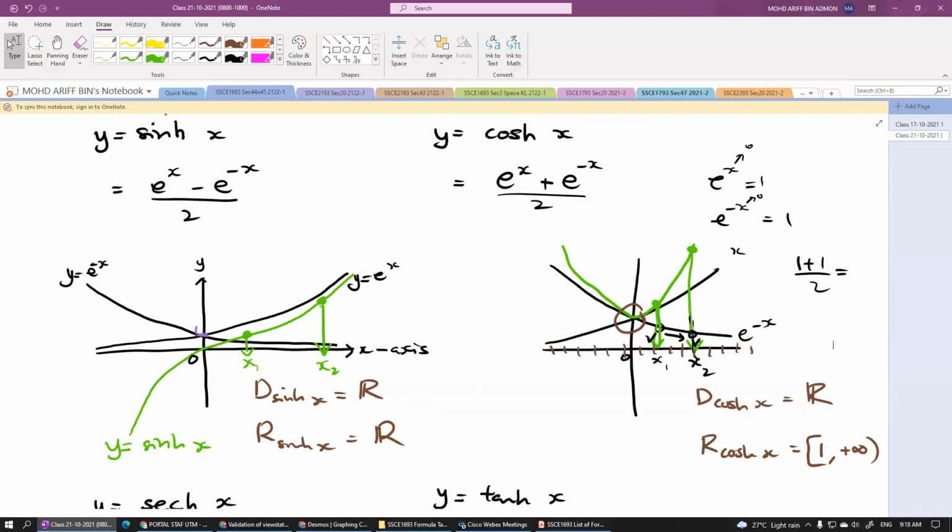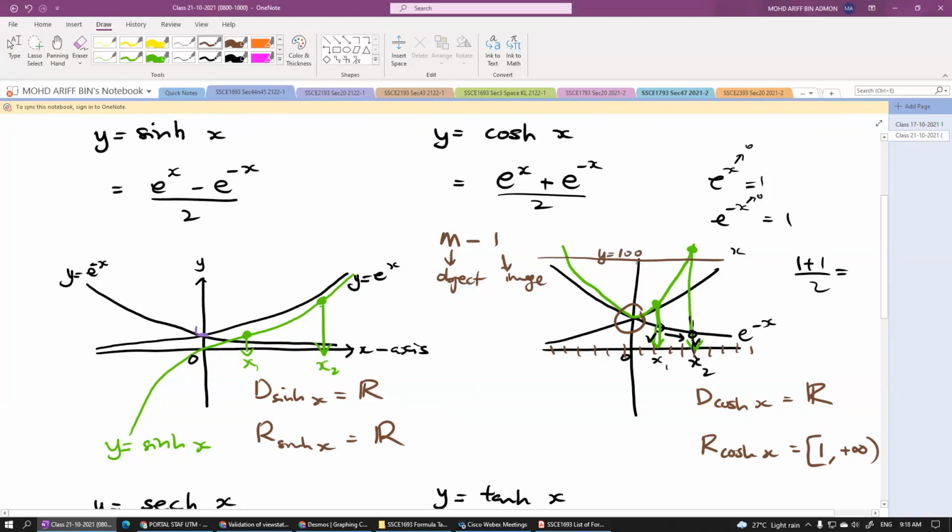Okay, why many to one? This is your object and this is your image. Object refers to x, image refers to y. So you draw one line for your y value, for example y equal to 100.